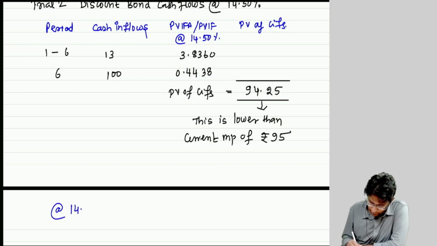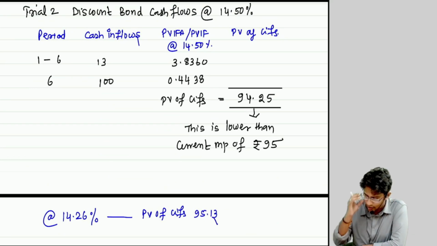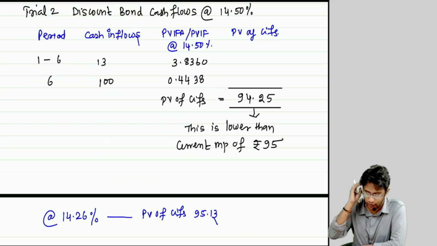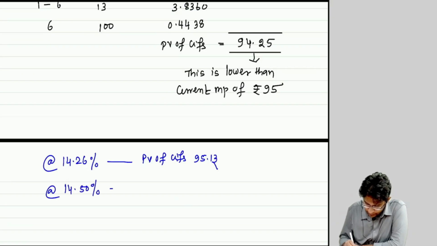Tell me, sir. At 14.26%, PV of cash inflows was 95.13. You can be happy with that only, actually. That's a very small error, but that's okay. We'll do 14.50%. PV of cash inflows is 94.25.